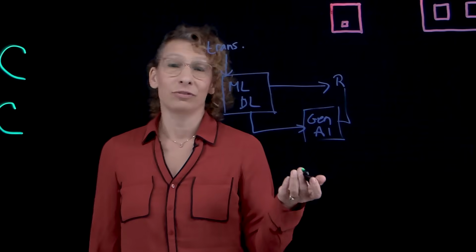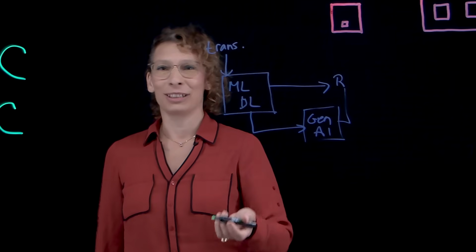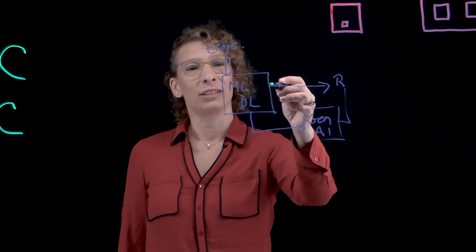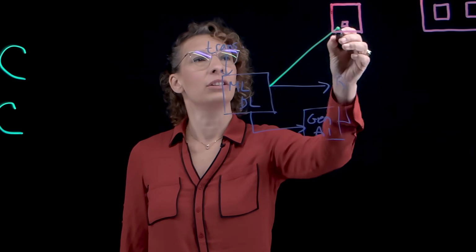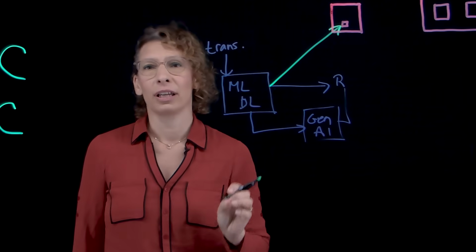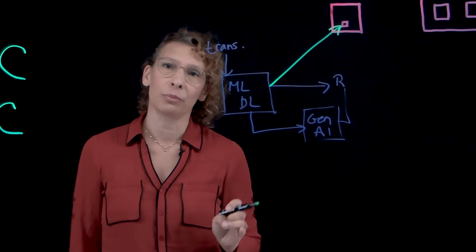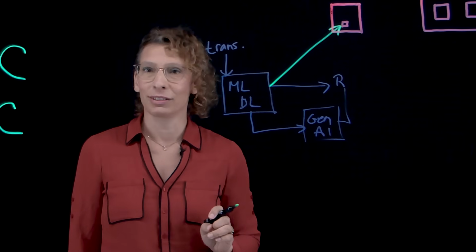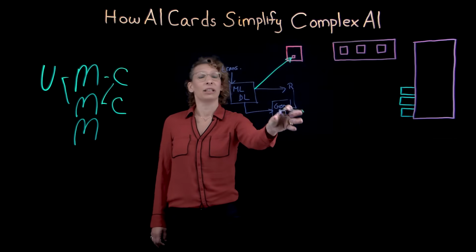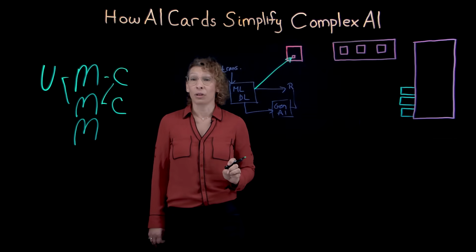So this is online fraud detection. There's a transaction happening in flight, so this needs to happen fast. We already optimized it for speed. So this is a really good use case for using an AI card that's physically located on the same processor chip, the same die where the workload process is running. The Gen AI model is significantly bigger than the smaller machine learning model.